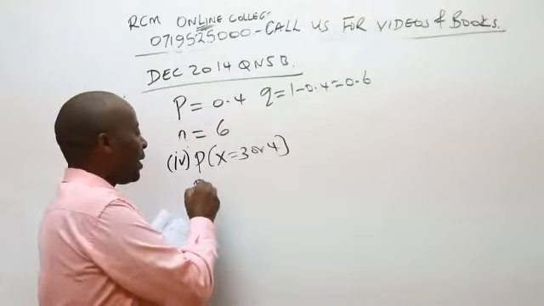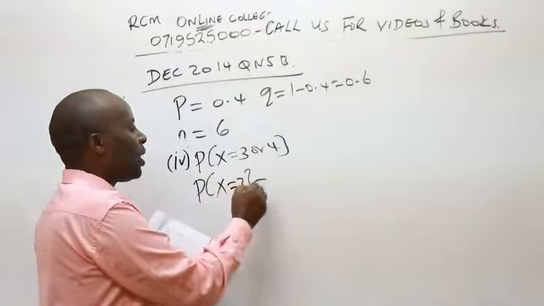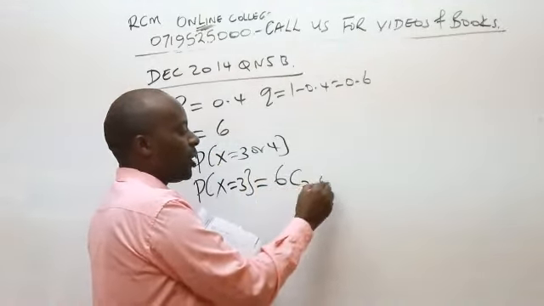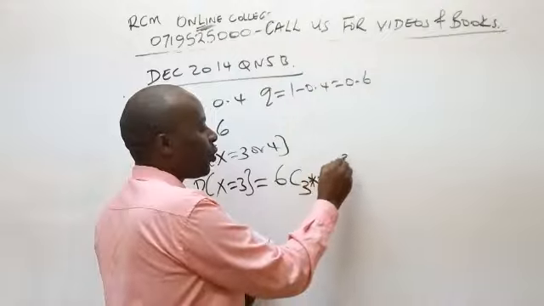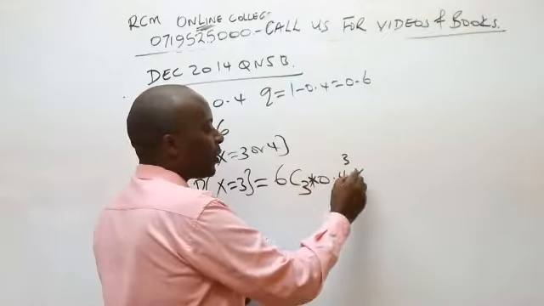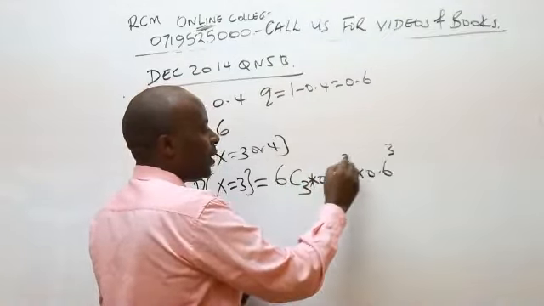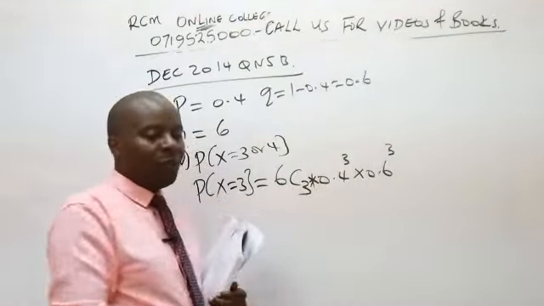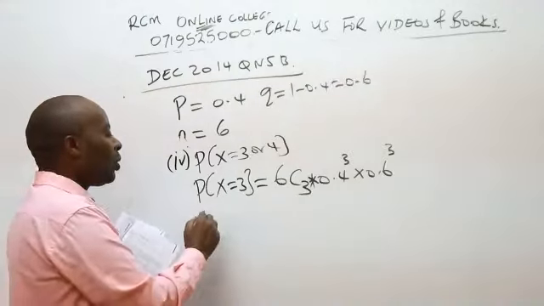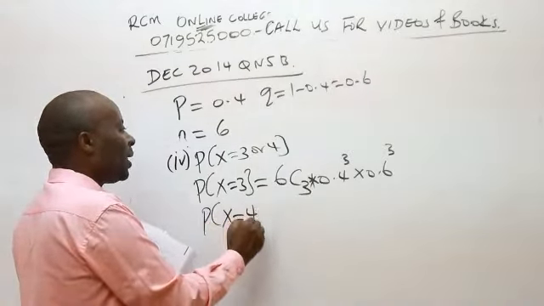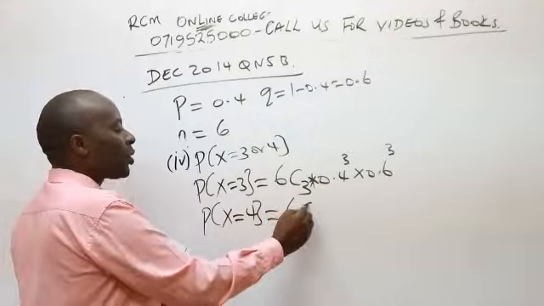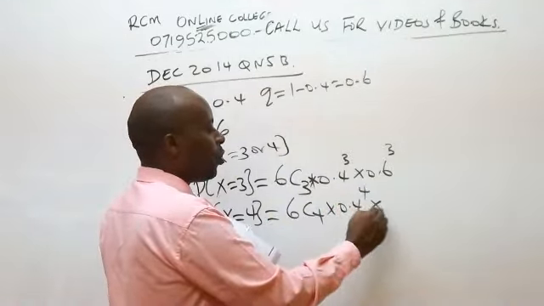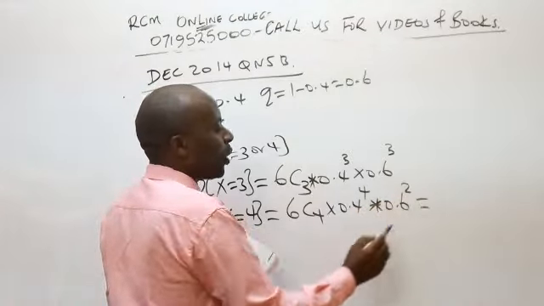So the probability of X being equal to 3 will be n, which is still 6, combination 3 times 0.4 raised to X, which is 3, times 0.6 raised to the balancing figure. Given that the 2 powers must add up to 6, the balancing power will be 3. And then I'll look for the probability of X being equal to 4, which will be 6 combinations 4 times 0.4 raised to 4 times 0.6 raised to 2.